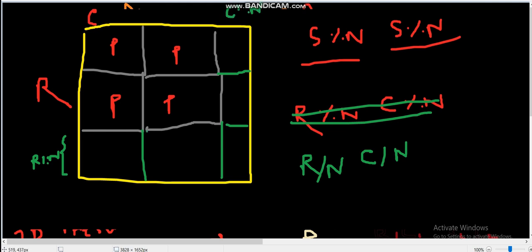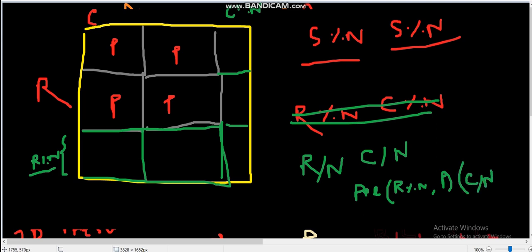So here you can say there are p number of columns and r modulo n number of rows. The total prefix sum for this will be the prefix sum of r modulo n rows and p number of columns, times there will be a total of c by n of these.